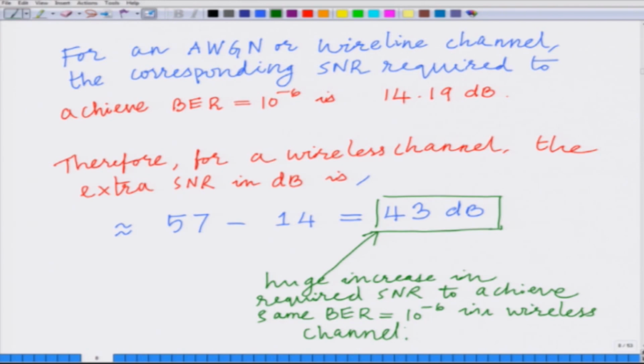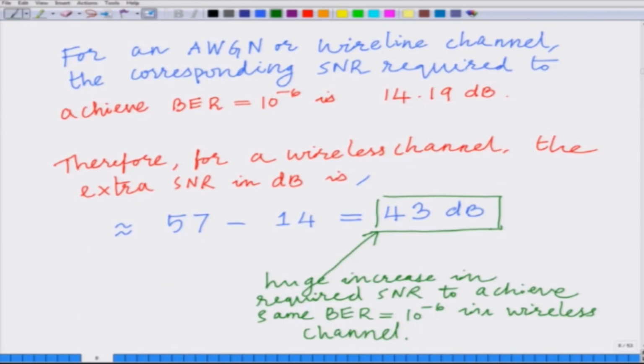So, what we are saying is, in a wireless channel to achieve a bit error rate of 10 to the power of minus 6, we need approximately 43 dB more SNR, and remember SNR is the ratio of signal power to noise power. Therefore, if the noise power is the same in both systems, it means transmit power has to increase by 43 dB. 43 dB is in log scale.